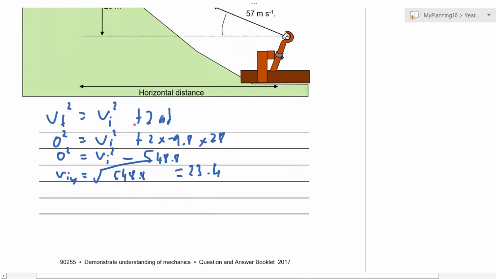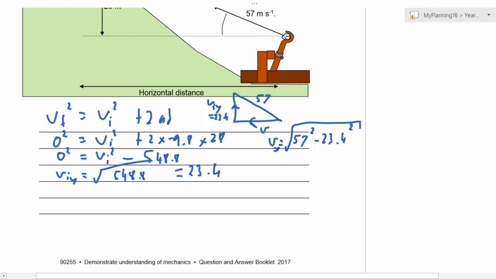I can use a triangle, and if I know that that one is viy, which equals 23.4, and I know this is 57, I can work out that velocity there, which is helpful. So vx equals 57 squared minus 23.4 squared square rooted.